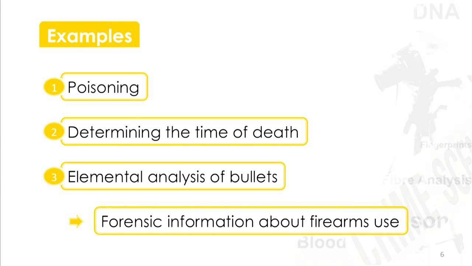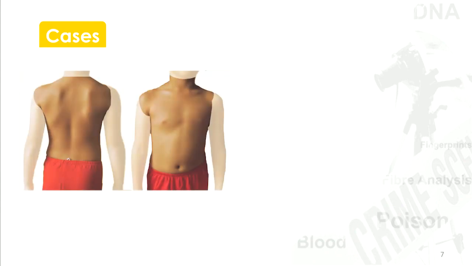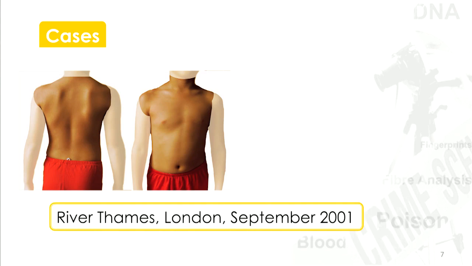At the end of this lecture, we'll look at three cases in which the analysis of the elemental composition proved to be very important. One of those cases is the investigation into the body part that was found on the banks of the River Thames. This was back in 2001.